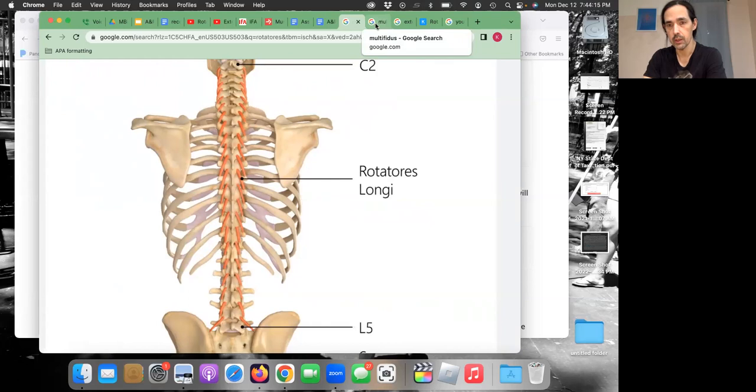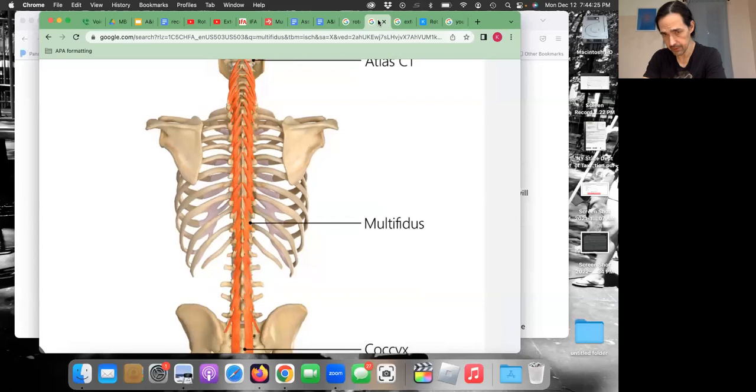Okay, so the rotatores muscles, you can imagine that they would do some rotation, but that's not the only thing that they do. The multifidus and the rotatores also do extension of the spine, and they do side flexion to the same side, and rotation toward the opposite side.